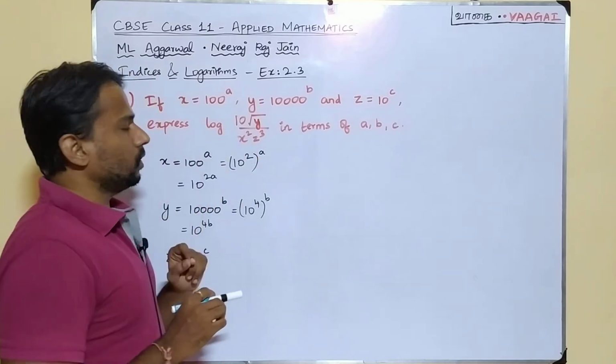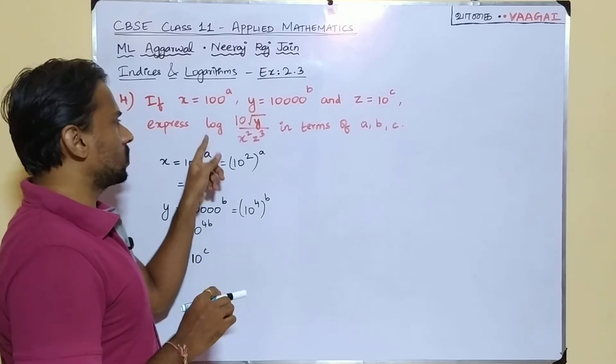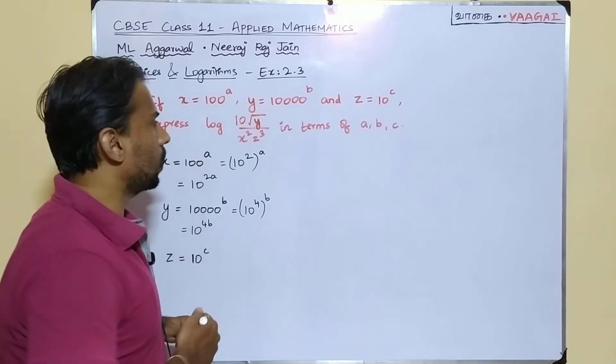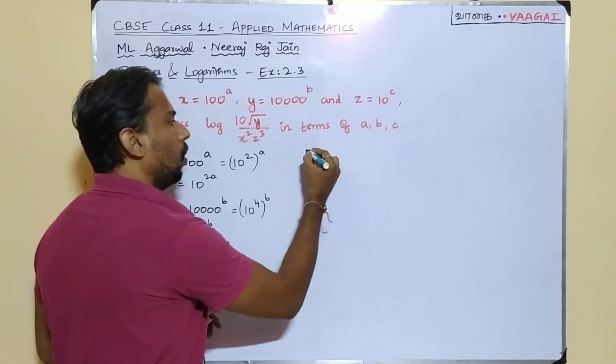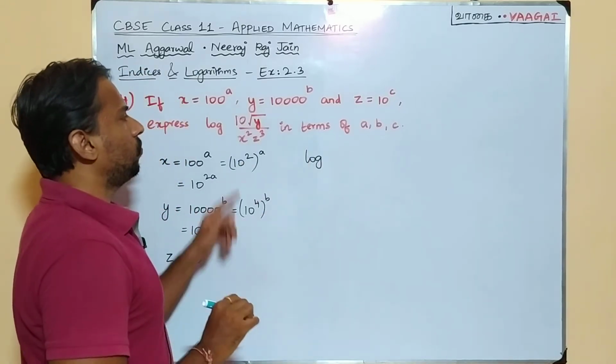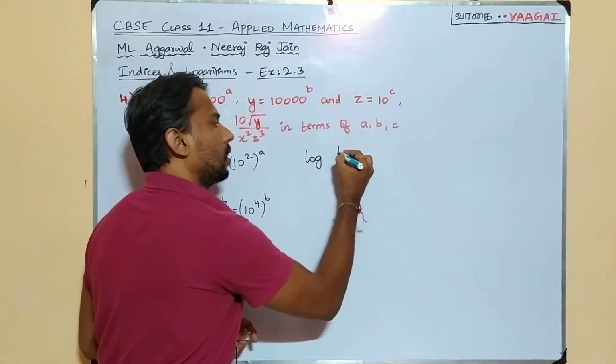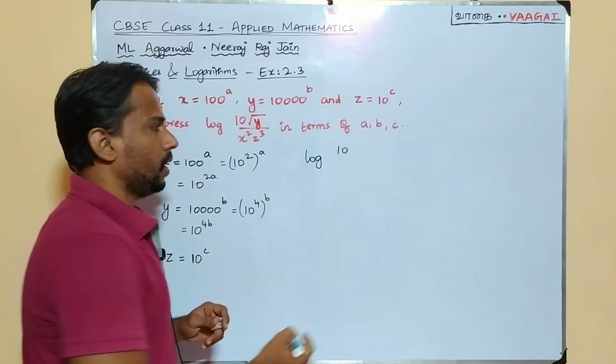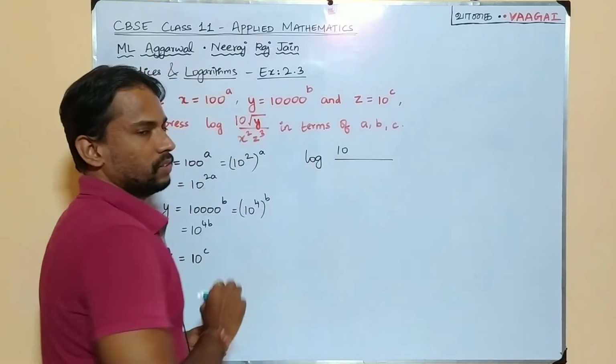See here, what we are asked to find is the value of log of 10 root y. Let me just write it here: log of 10 into square root of y, and I'll put a division because we have a division here.